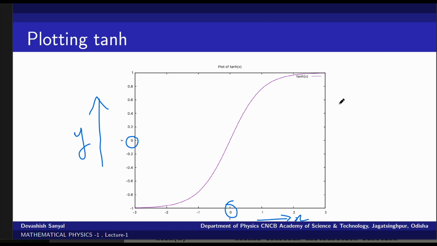What we are plotting here is y is equal to tan hyperbolic x. And how do I define tan hyperbolic x? Tan hyperbolic x is equal to sine hyperbolic x divided by cos hyperbolic x.